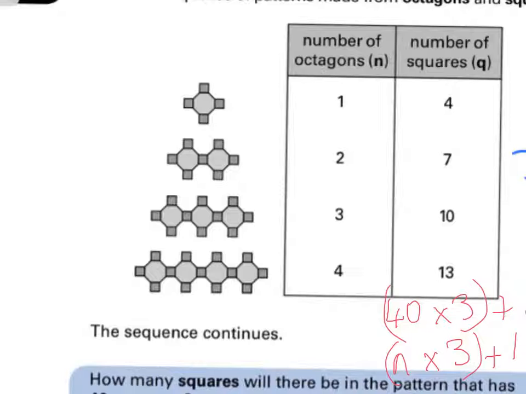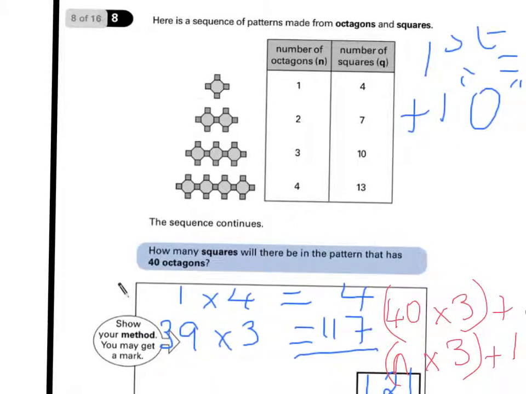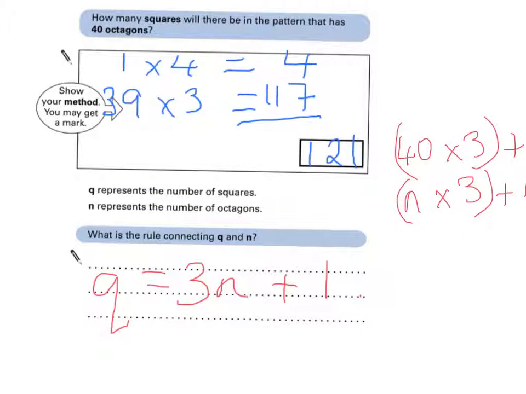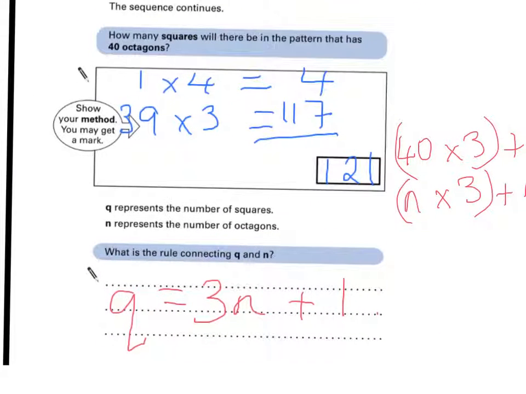So what we could actually think about if we go back to the first situation is that here are the 3 squares that we add each time, and here's a sort of extra one that we needed to start us off. And that helps us with the final rule that tells us, move this up here as well, that the number of squares is equal to 3n plus 1. And there you have it.